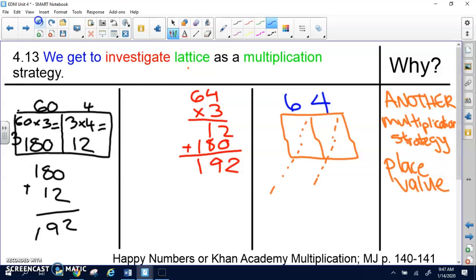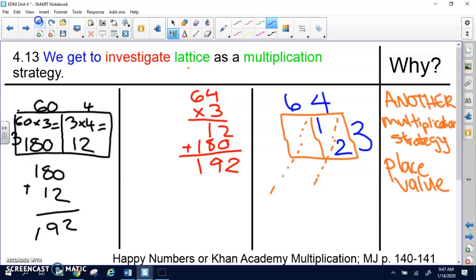Just by setting it up this way, you're putting it in the correct place value. The other number that you're going to use, this is what's different from partition rectangles, is you put on this side. Then you do the same kind of cross multiplication. So now I have 4 times 3. What's 4 times 3?